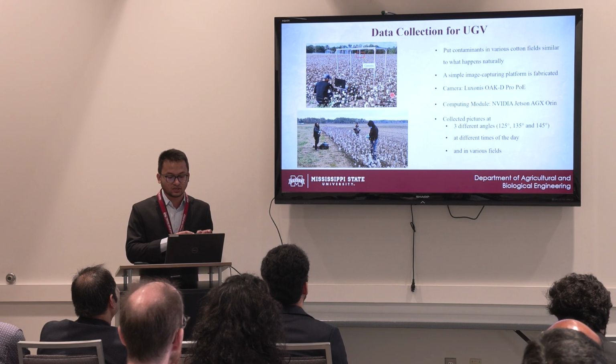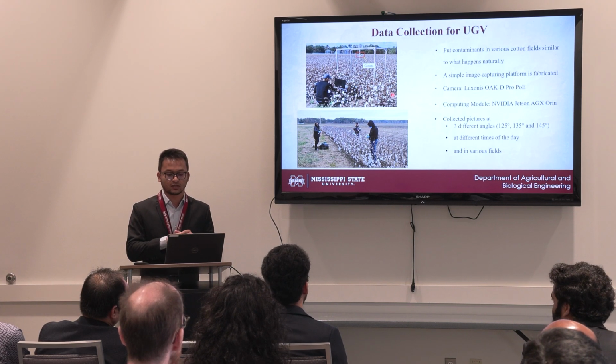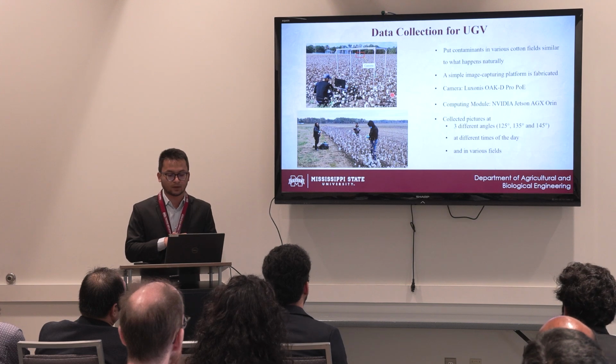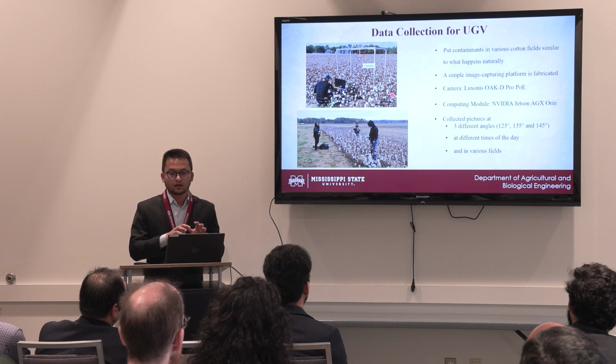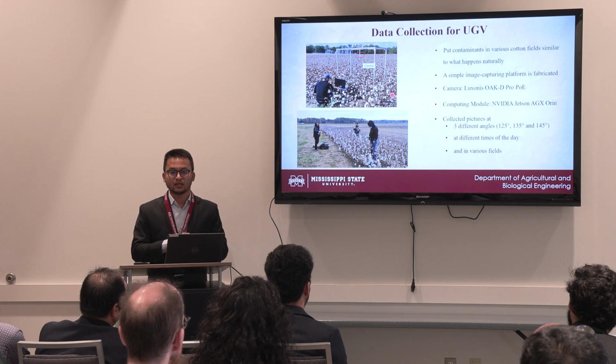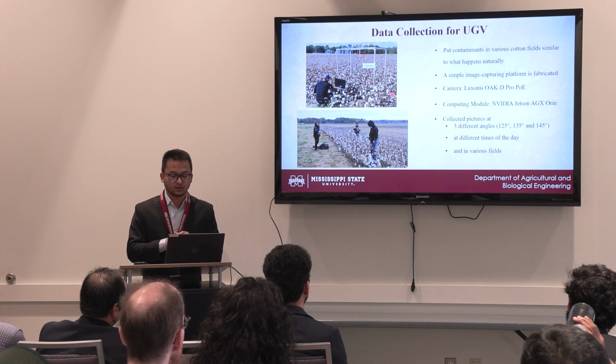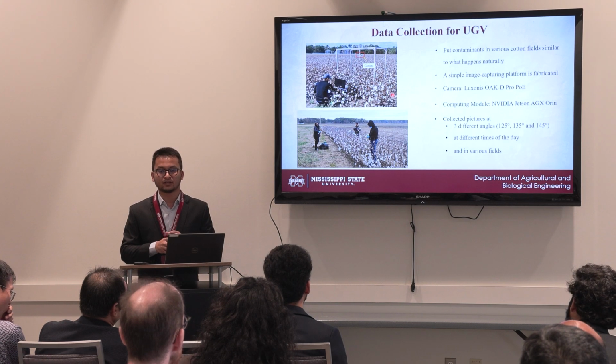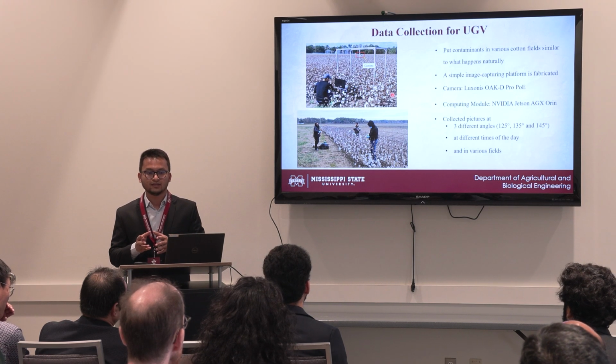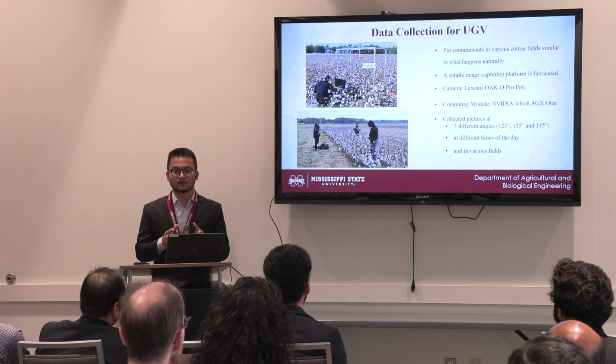For the vision system, we used the Luxonis OAK-D Pro PoE camera, and we used the NVIDIA Jetson AGX Orin as our computing module. We took pictures at 3 different angles, on different days, and in different fields to make the dataset more diverse.